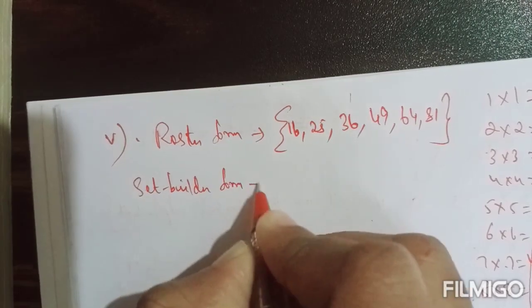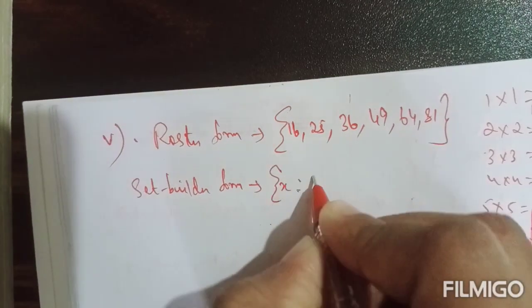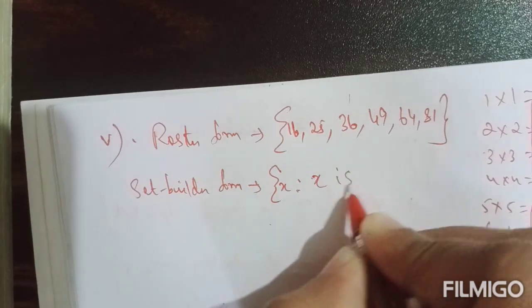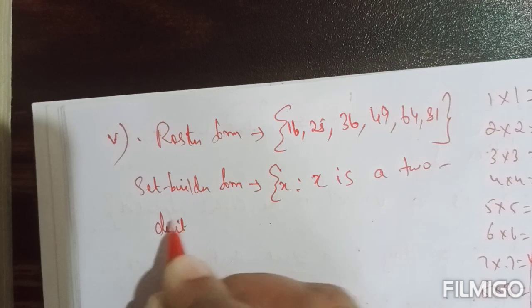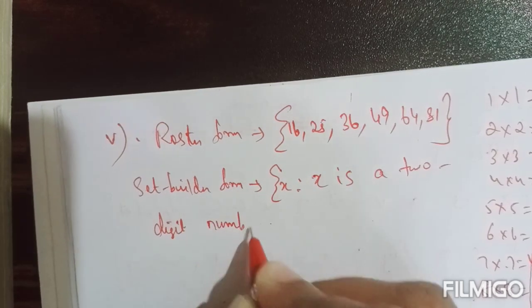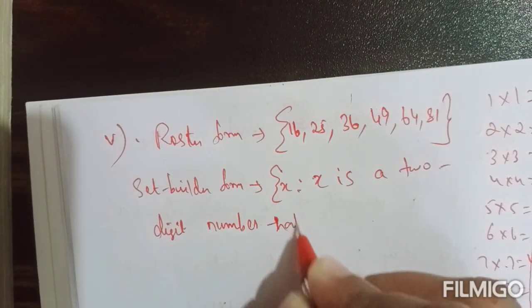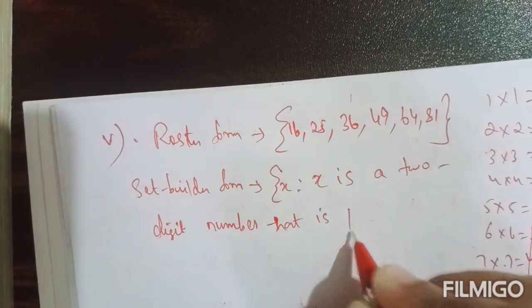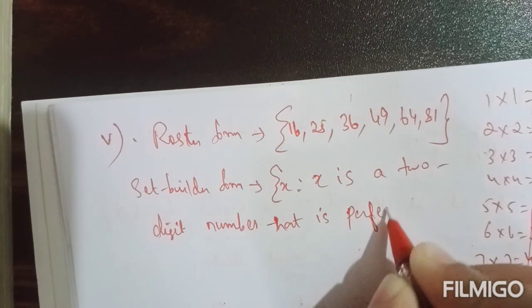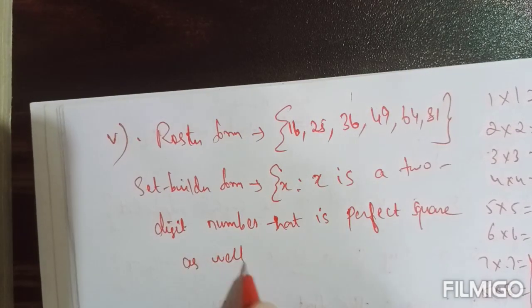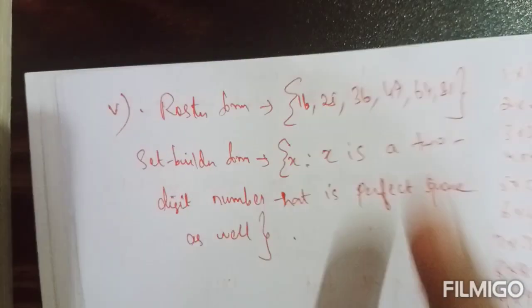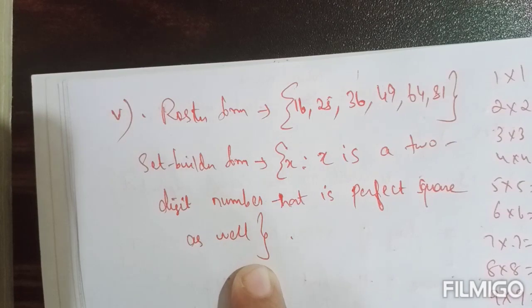You can write like this: set of all x such that x is a 2-digit number that is a perfect square as well. Okay, this you can write from the question.